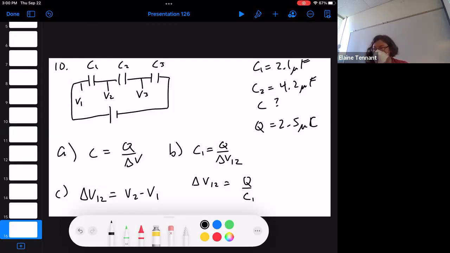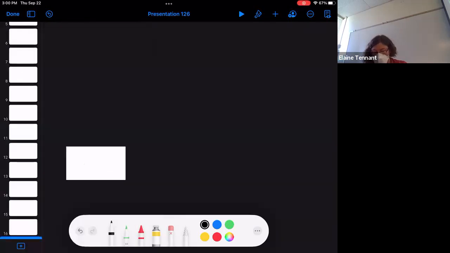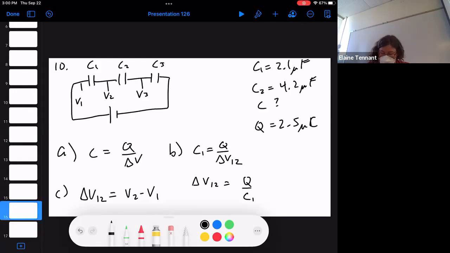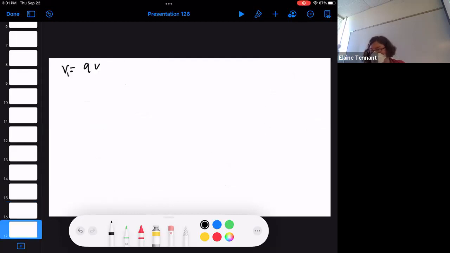Okay, now they're going to tell us that V1 is 9 volts. So like this side of the battery here, V1, 9 volts. And they would like us to calculate V2.